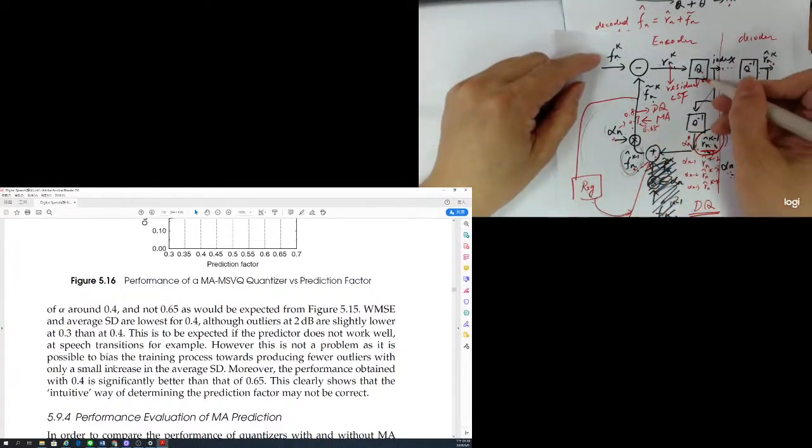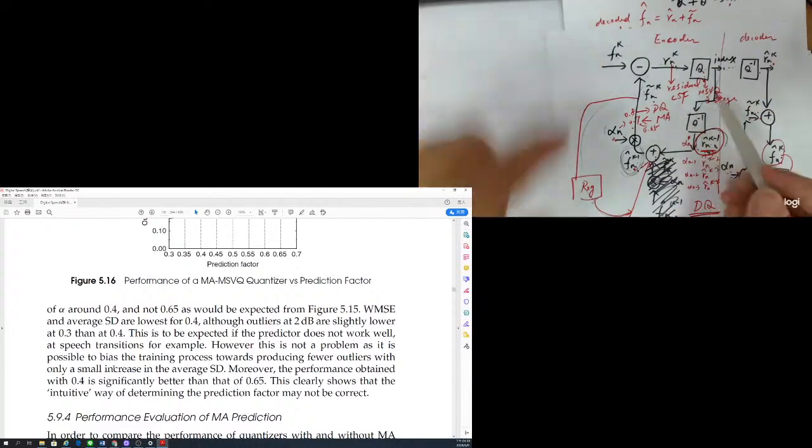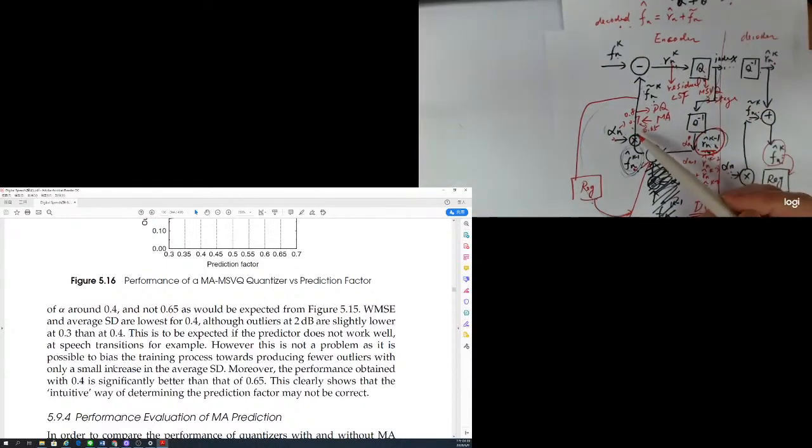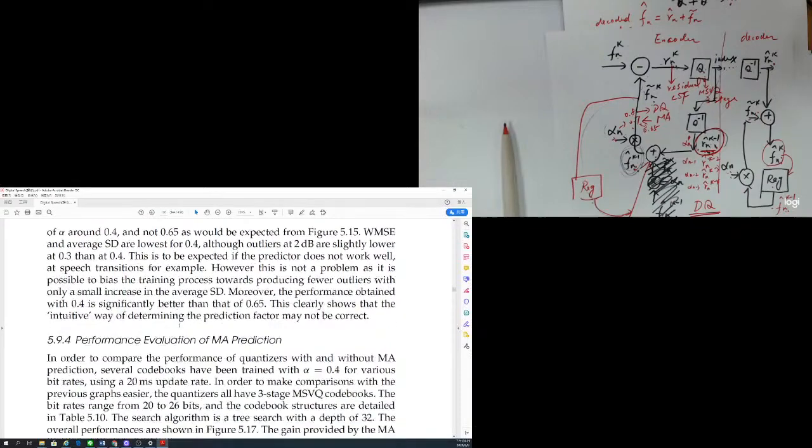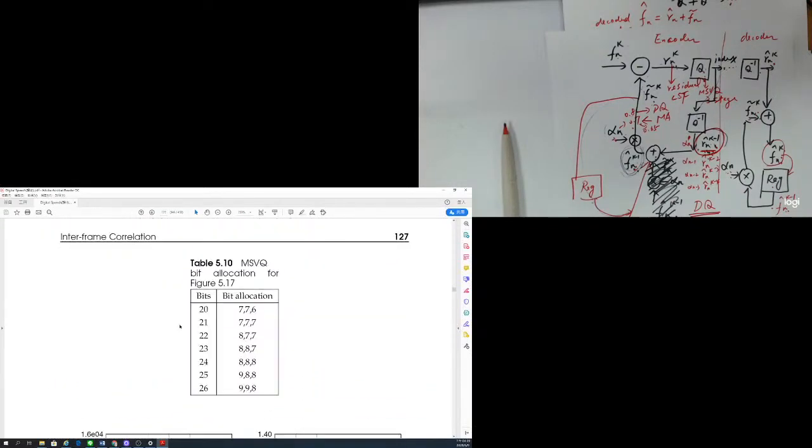But if we consider 3 stage multiple stage vector quantization, the correlation becomes lower, between 0.3 and 0.4. So you can see the coefficient could be a little bit different.